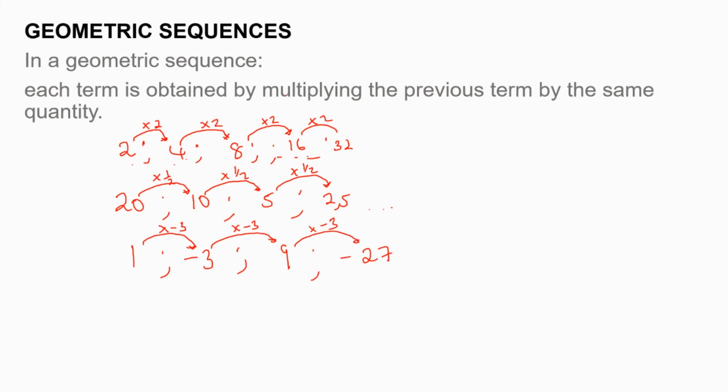You see that? Each term is obtained by multiplying the previous term by the same quantity. So once you see your signs alternating like that, positive, negative, positive, negative, and there is what we call a common ratio, we're going to talk about the common ratio just now, you may be dealing with a geometric sequence.